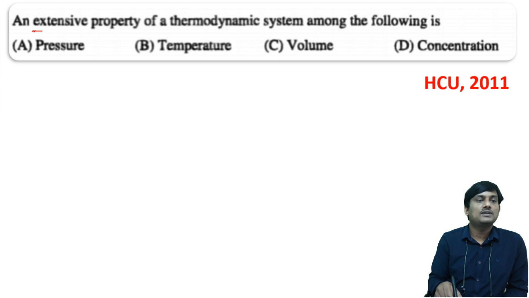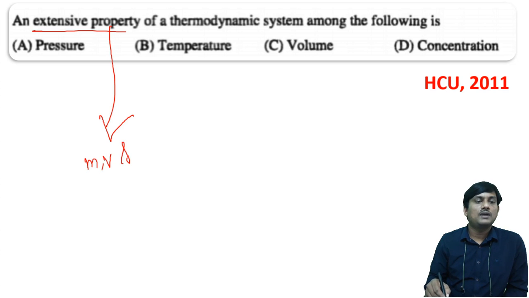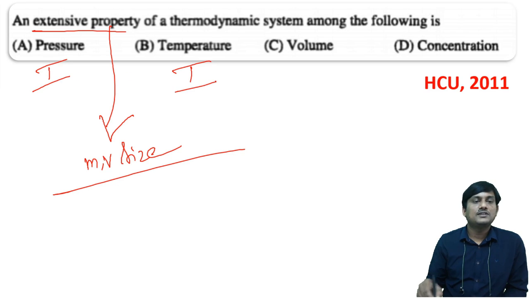An extensive property of a thermodynamic system among the following is? Extensive property depends on additive property. It depends on mass, volume and size of the system. Pressure is independent of mass, volume or size, so this one is intensive. Temperature is intensive. Also concentration, all concentration terms are intensive properties.